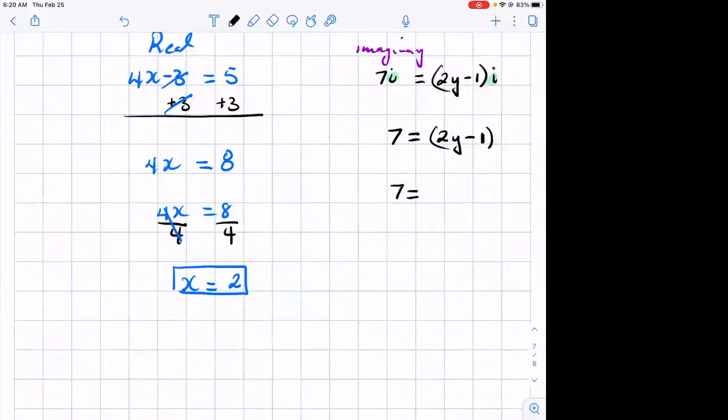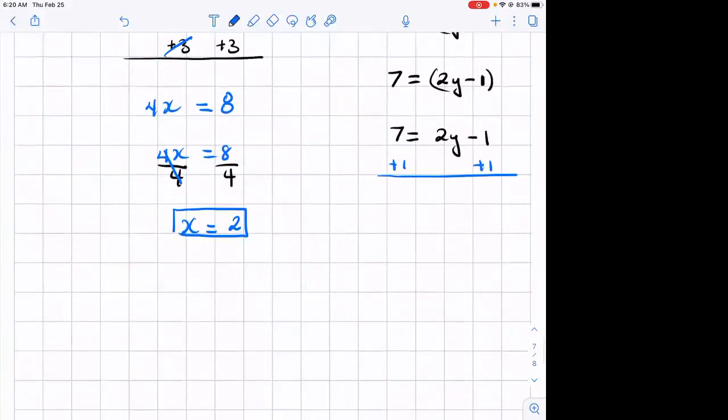Because we don't need the parentheses, I can start off by adding 1 to both sides. And if I do that, I have 7 plus 1 is 8 is equal to 2y. The minus 1 and the plus 1 cancels out.